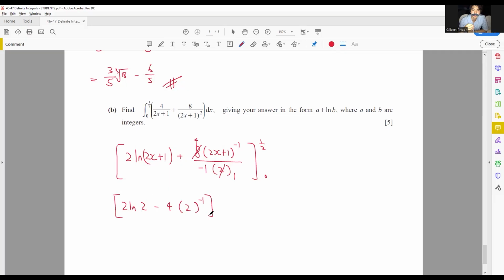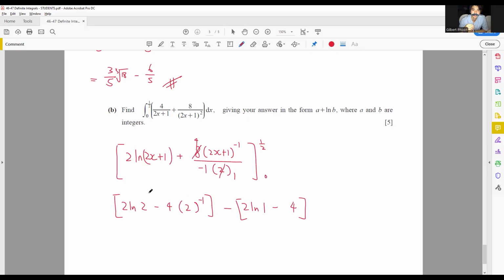Okay, first substitution, minus the second substitution, which is 2 ln 0, right? So it's just 1, minus 4, 0 here, plus 1, 4 plus 4 times positive 1, you will just get 4.